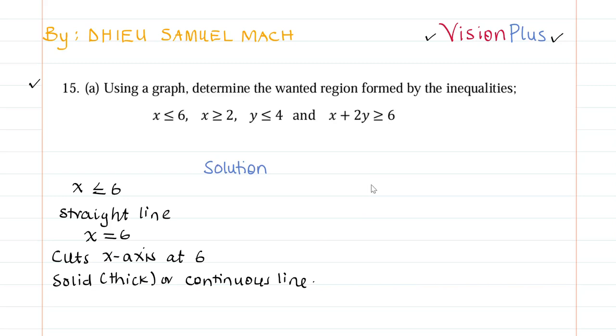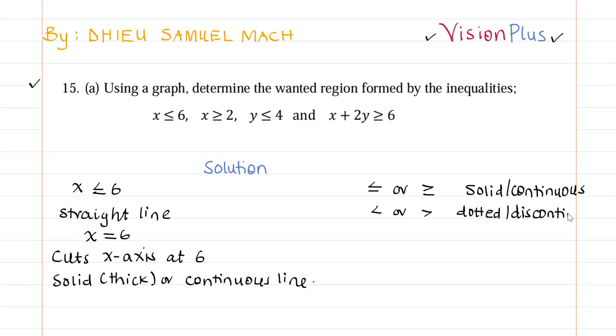We said if it is less than or equal to, or if it is more than or equal to, this one is a solid line or continuous line. But if it is less than or it is just more than, this one is a dotted line. Dotted or discontinuous line. We have explained that in our video on this topic.